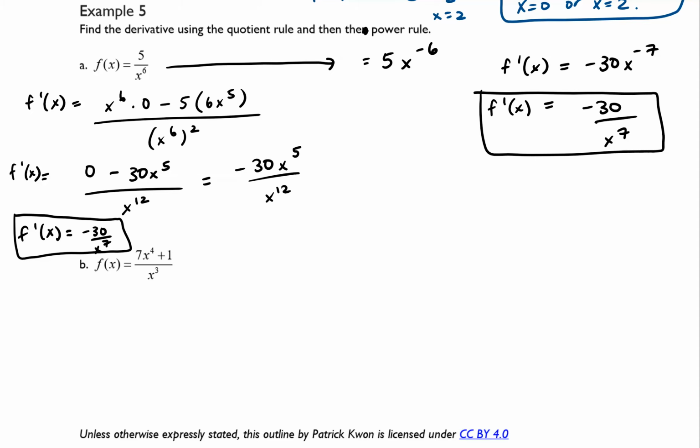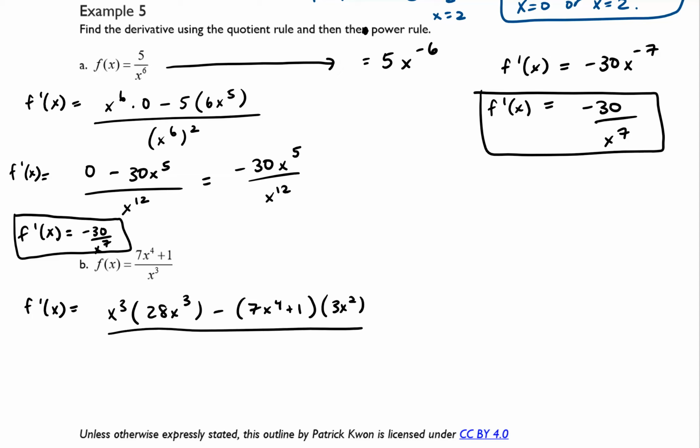Okay, let's do part B. So that's bottom times the derivative of the top minus the top times the derivative of the bottom over the bottom squared, which is going to be x to the 6th power.